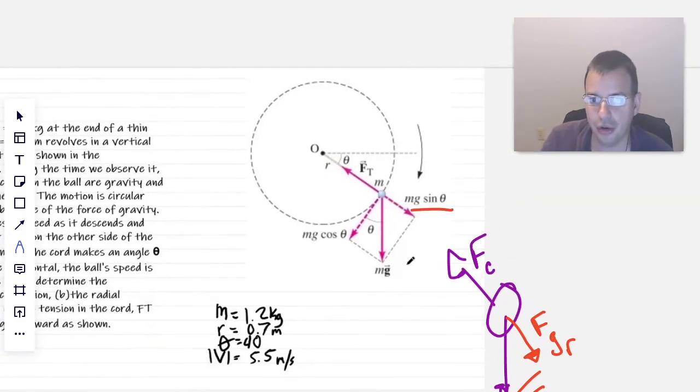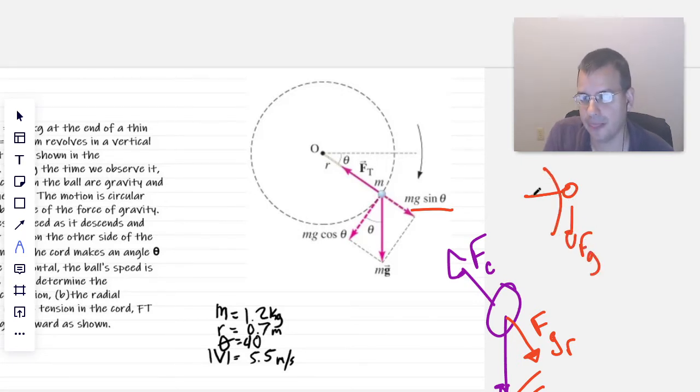Now you can find that on your own. You can do it either through geometry, or you can look at the extreme case where if theta was 0, this would be F_g, so it's like this. That's the circle, that's the theta straight over, force gravity tangential would be straight down, and then force gravity radial would be out.